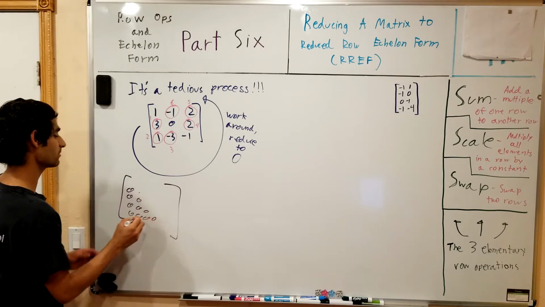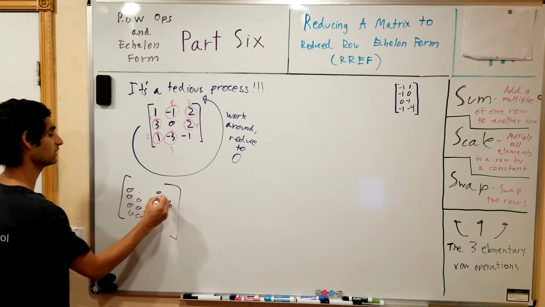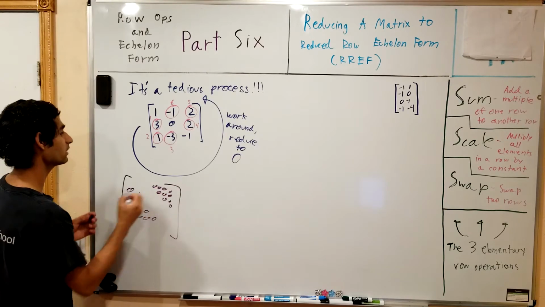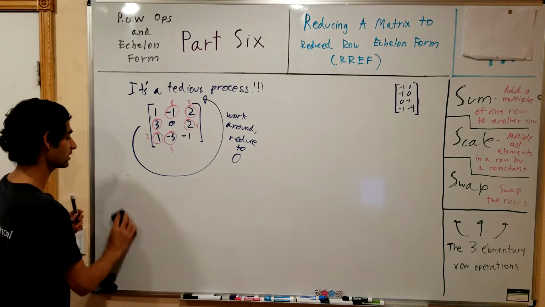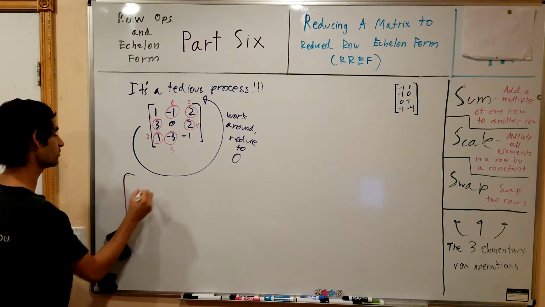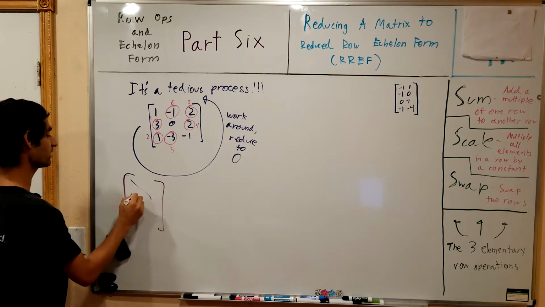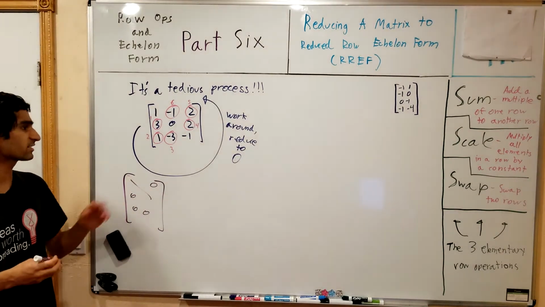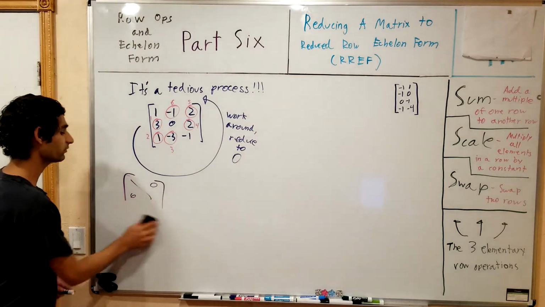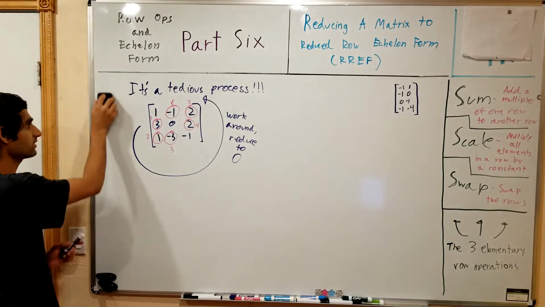Recall that a matrix can be in reduced row echelon form even if it's not square. And in that case, you kind of have to play around with it a bit. For example, if you have maybe a 3x2 matrix, maybe try reducing these and then try reducing that.